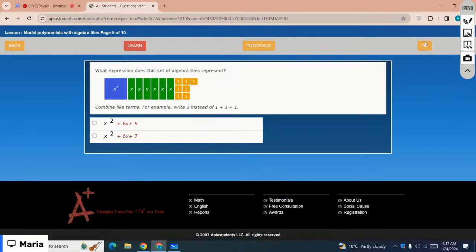The correct option is x square plus 6x plus 7. Yes, option number 2 is the correct option. That is x square plus 6x plus 7.